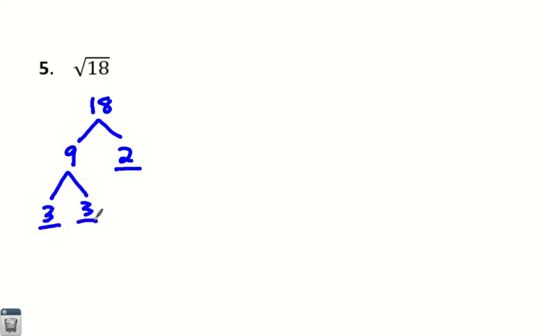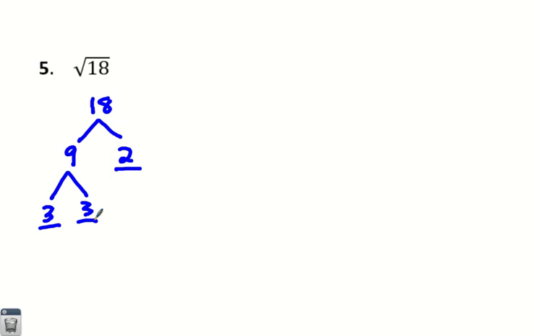Let's do a couple more, I guess. So Mr. Birchanowski would start to break this down into whatever. It doesn't matter. You could do 6 and 3. You could do 9 and 2. So let's do 9 and 2. And 2 cannot be broken down any further, so I guess we underline that. 9 can be broken down into 3 times 3 only, and those both can go no further.